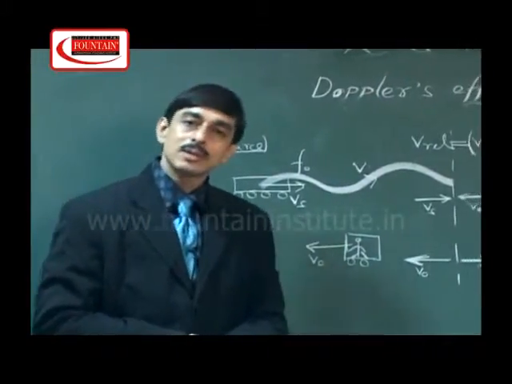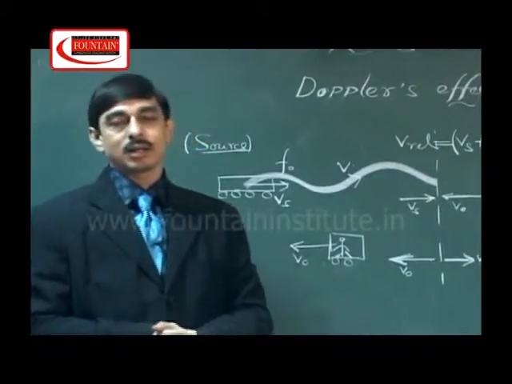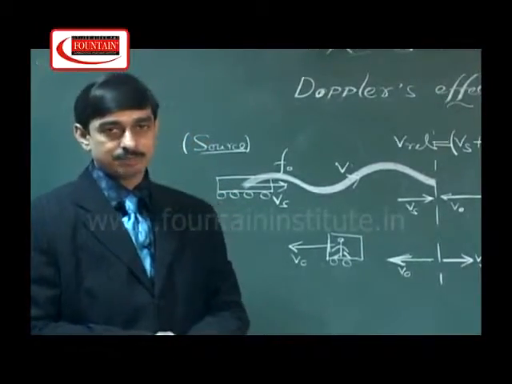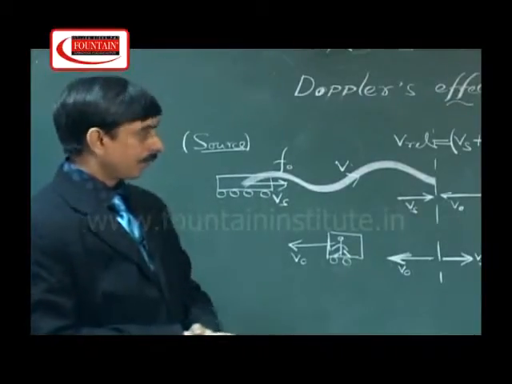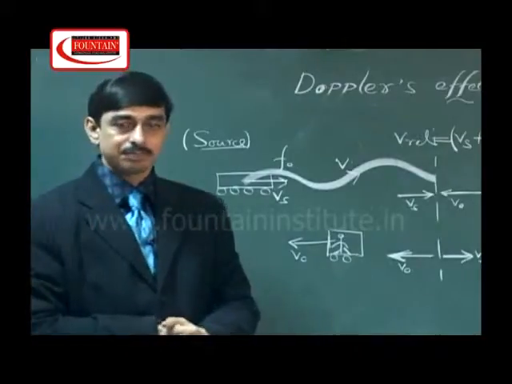But I am going to discuss other good and important cases for IIT and the All India Institute of Medical Sciences test, such as if both are moving towards in some directions.